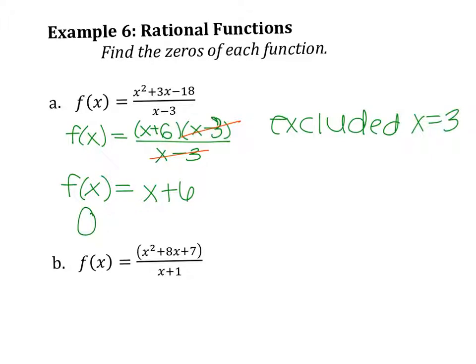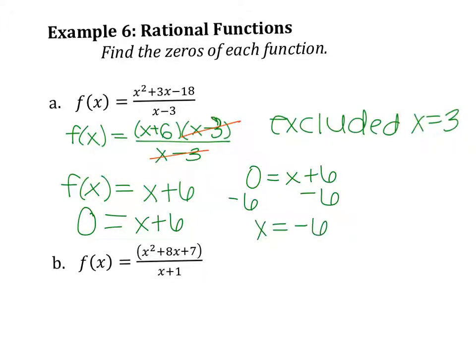So we'll have 0 equals x plus 6. And when we solve 0 equals x plus 6 by subtracting 6 from both sides, we end up with x equals negative 6. So this is the 0 of the function, negative 6.